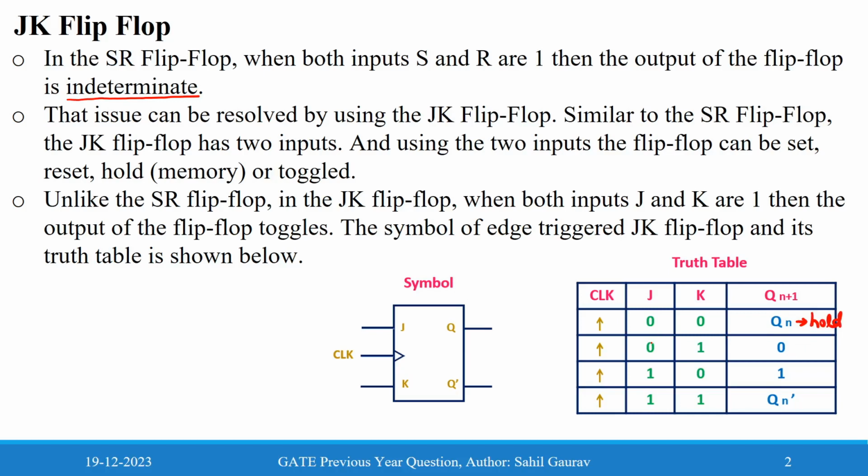When J is 0 and K is 1, this is the reset condition. When J equal to 1 and K equal to 0, you get the set condition. And when both inputs are 1 and 1, you get the toggle condition. That is the problem with SR flip-flop, where both inputs 1 1 give an indeterminate condition, while in the JK flip-flop, both inputs 1 and 1 give the toggle condition. You have to toggle the previous state.